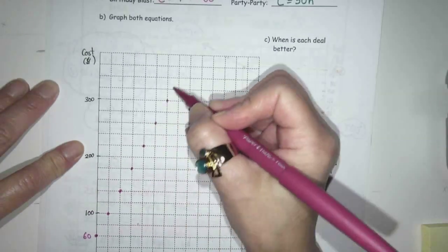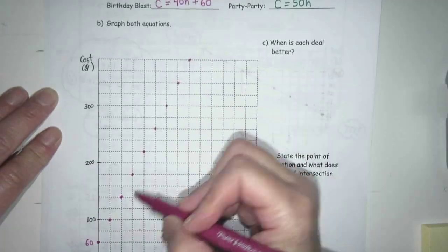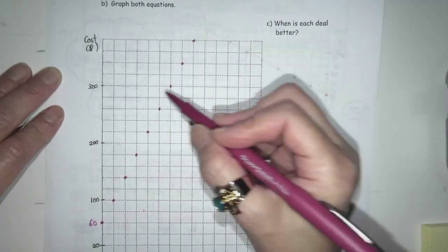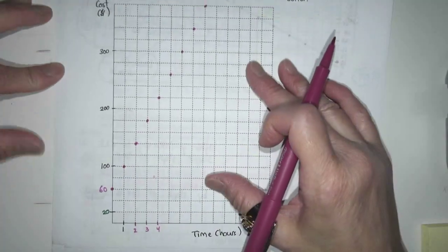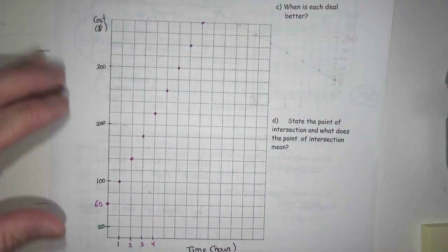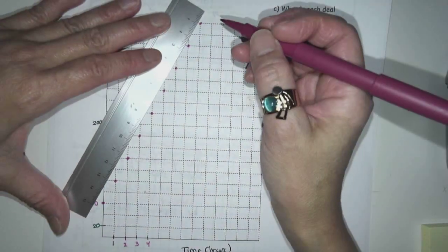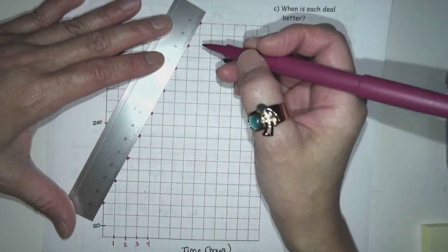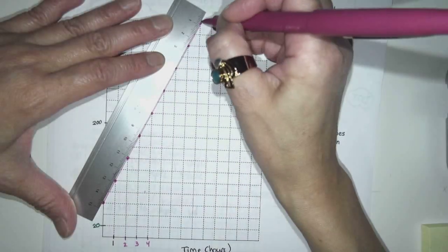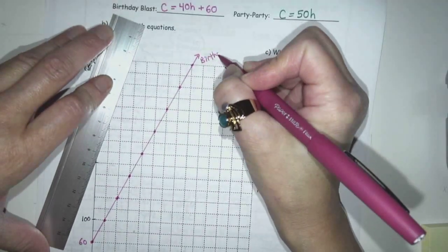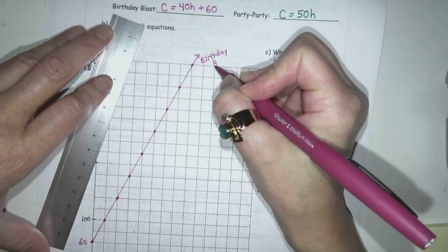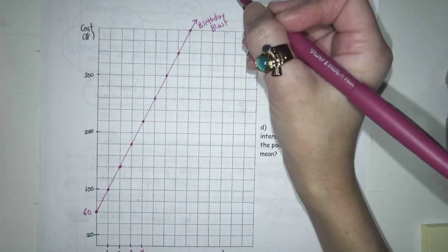I usually try to fill the graph because we do a comparison. When you're doing a comparison, we usually want to see where the two lines intersect. So I'm going to do a line here and connect this one. So this one is Birthday Blast.